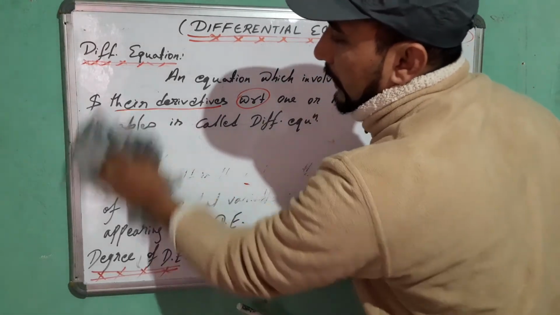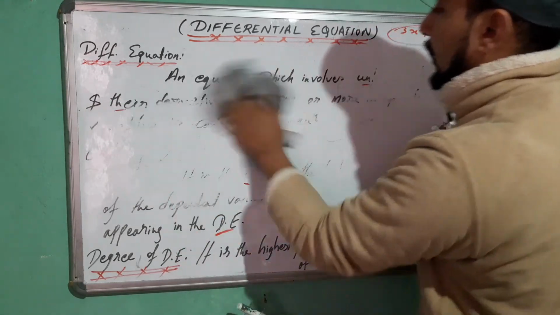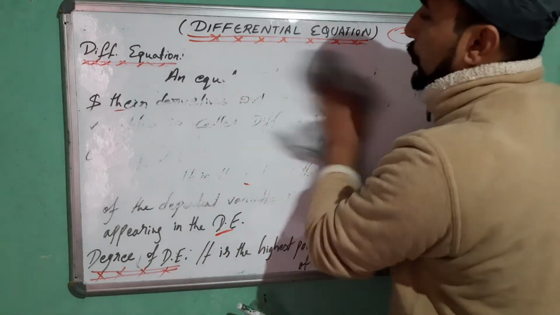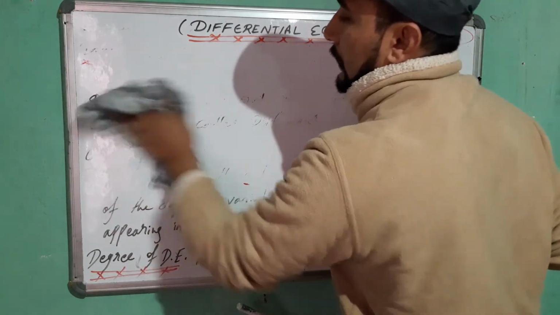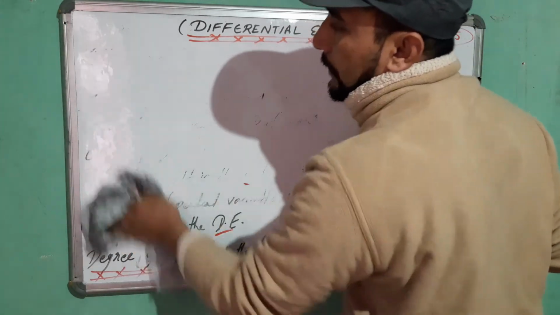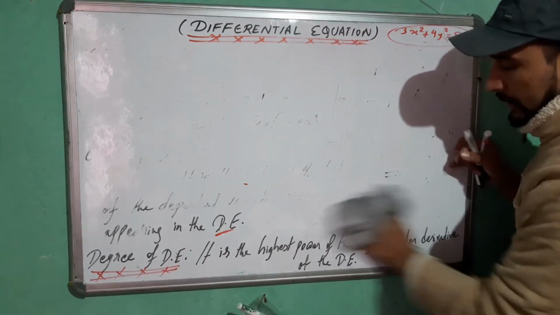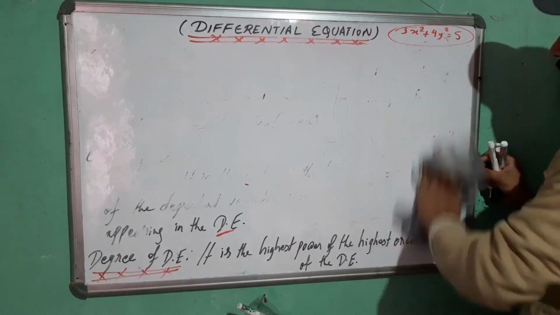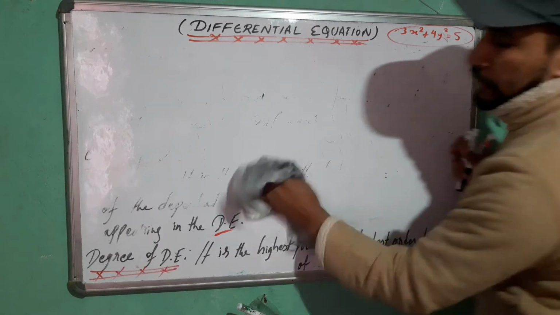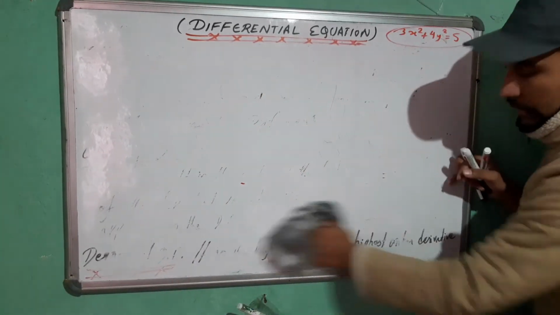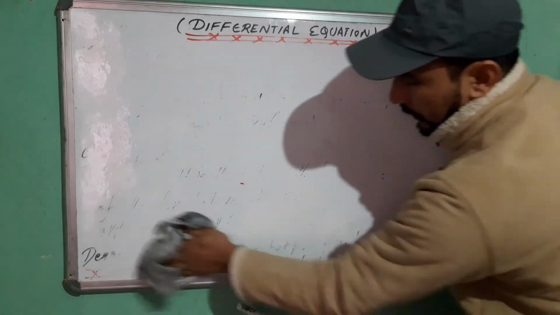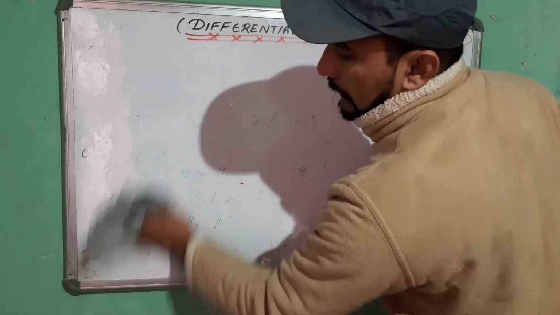And dependent variable means the variable whose value depends on the value of the independent variable.